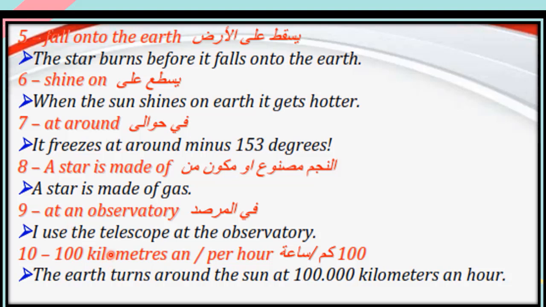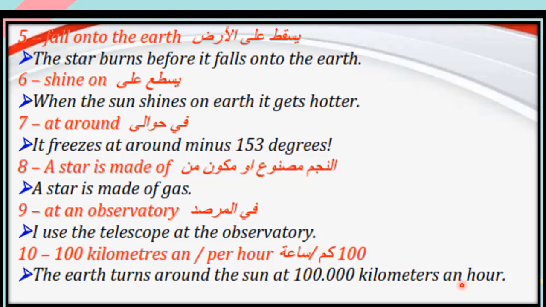At the observatory, I use the telescope at the observatory. So add "at" before the place. 100 kilometers per hour. The Earth turns around the Sun at 100,000 kilometers an hour.